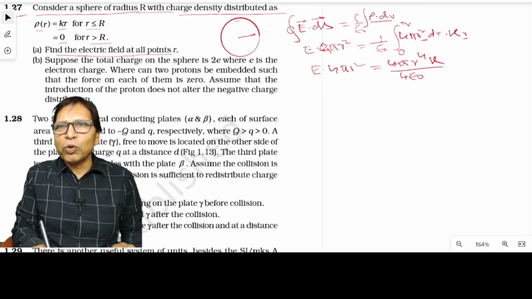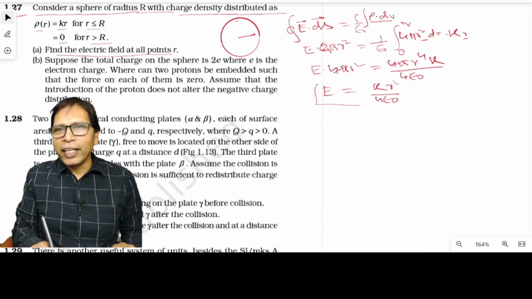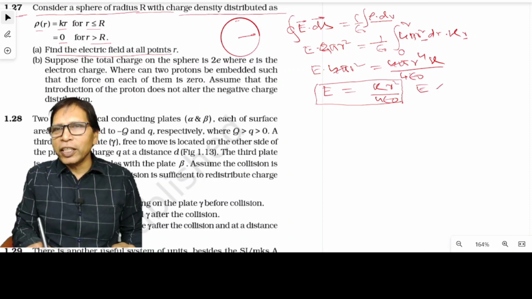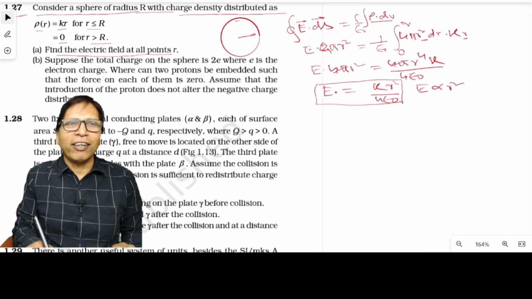Now the 4 pi cancels out, so E equals k r square by 4 epsilon naught. This is the electric field at a distance within the sphere. So E is proportional to r square.